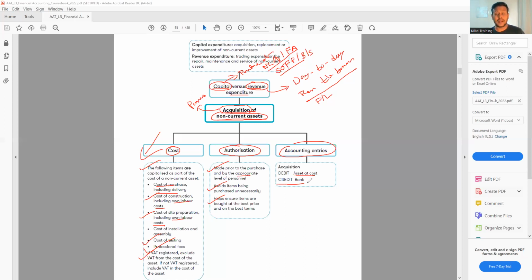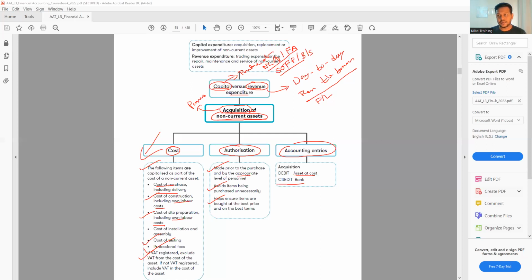If you have a doubt about your debit and credit, you need to make sure you read your debit and credit very well. Watch some videos on YouTube about debit and credit, but make sure your debit and credit is very good. How to identify what is debit and what is credit is very important. So asset at cost is debit and the bank is credit.